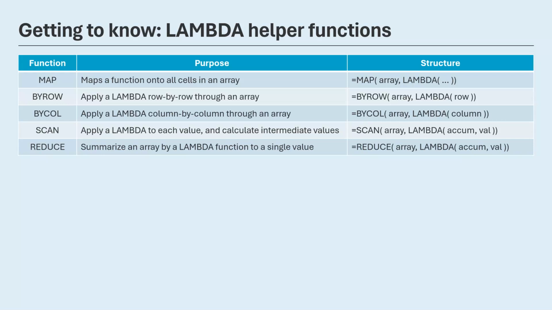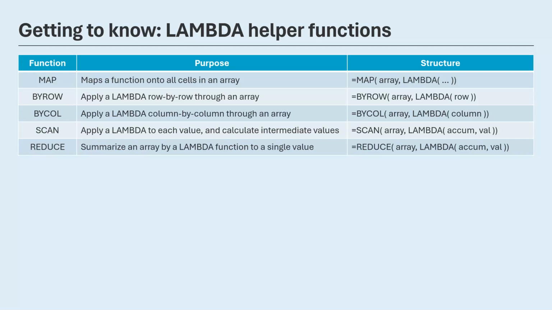BYCOL goes one column at a time across the array. SCAN goes through an array and creates the intermediate or running values as it goes. And REDUCE is applied against everything in the array, and it reduces it to a single value.